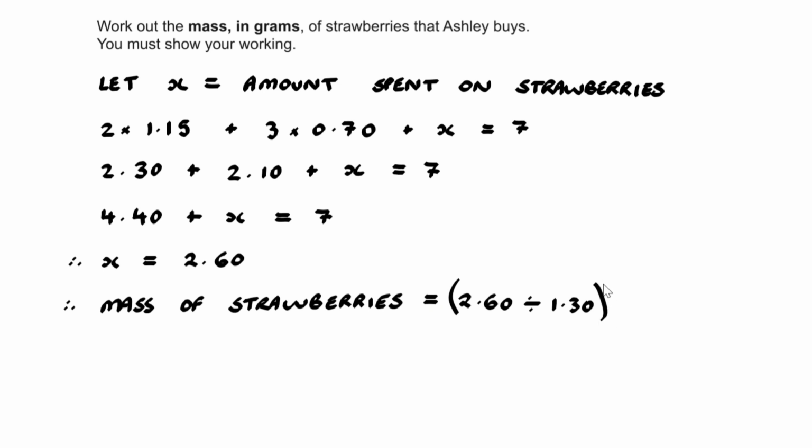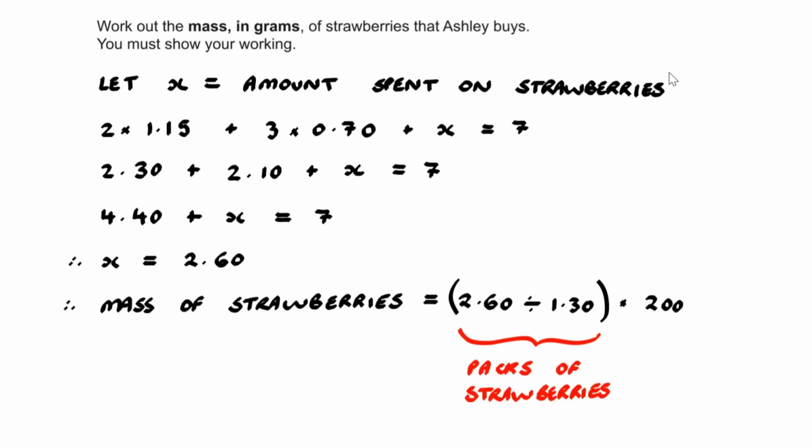And then what we need to do is multiply this by 200. So if we work this out, we've got 2 times 200, which is 400. So we have 400 grams.